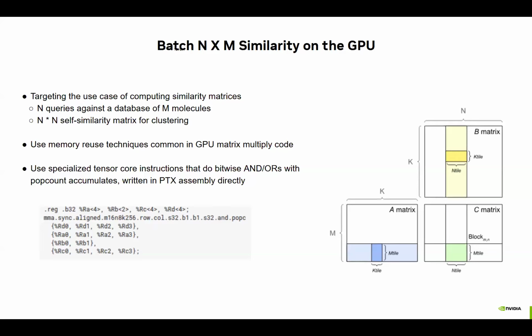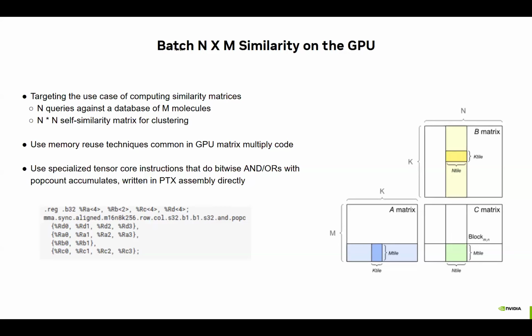And then one of my colleagues was actually able to hack into the tensor core code by writing direct GPU assembly to allow us to do some of the bitwise operations on these tensor cores and accelerate them further. This is analogous to a matrix multiply, but instead of a multiply operation, it's an AND or an OR across the bits. And then instead of accumulating with a sum, you're accumulating with a population count, which is what we need for Tanimoto similarity.